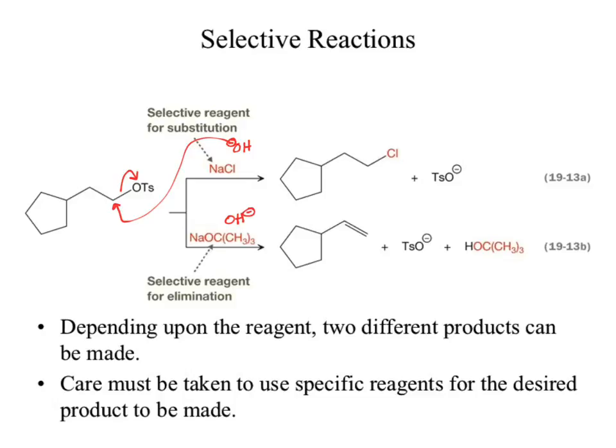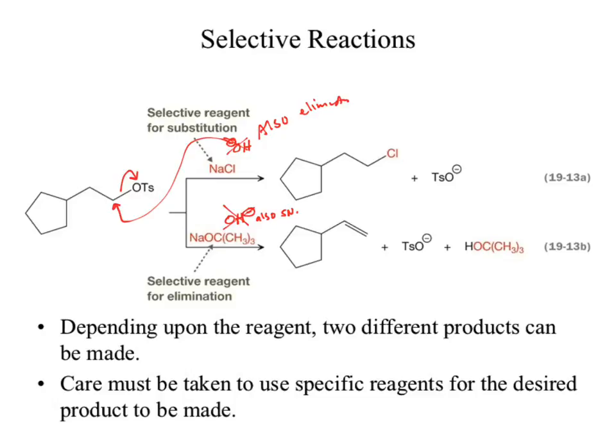Why not OH minus? Same thing, but reversed. It would also get me substitution. So I want to be careful in my choices to make sure that I don't end up with this multi-product issue.